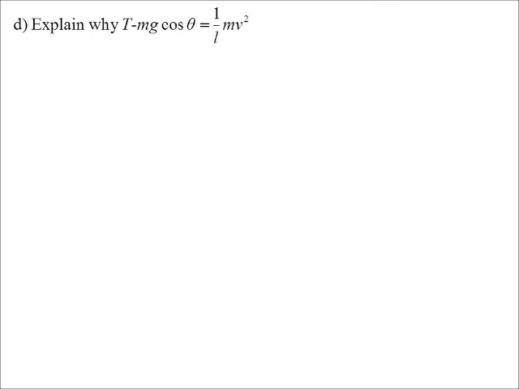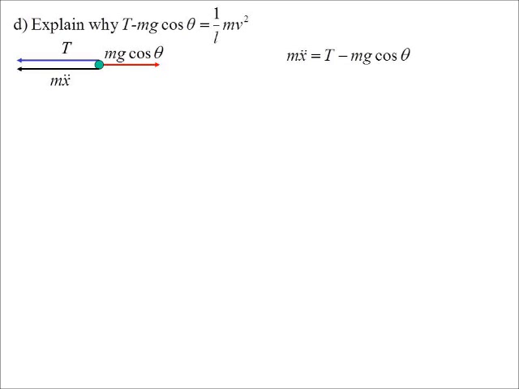Explain why T minus mg cos theta is 1 on L mv squared. So now it's looking at the other forces. So, all right, tension, and we'll have mg cos theta. So the ones that look horizontally. And our resultant force will be going inwards, but that is going to be our centripetal force, because that's the one that's going along the radius to the centre of the circle.